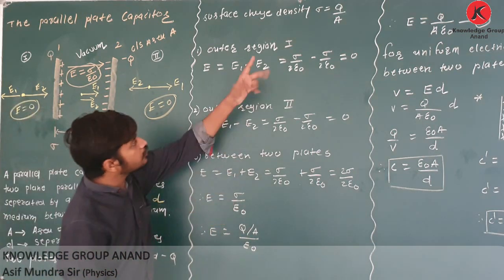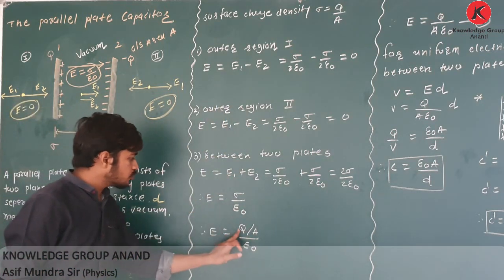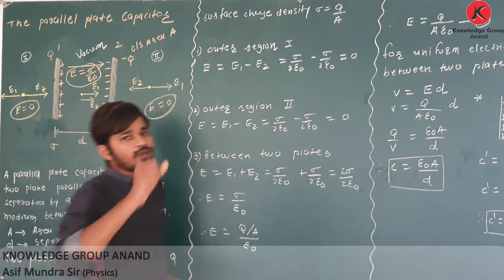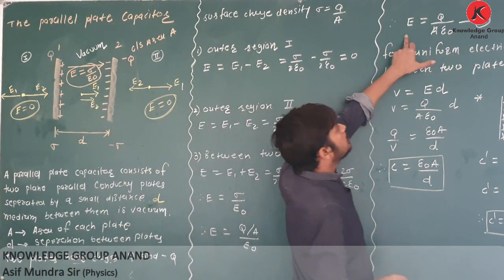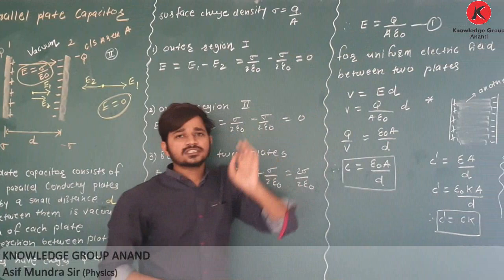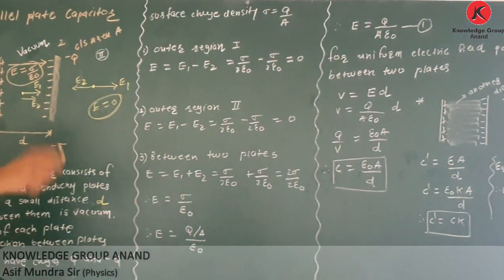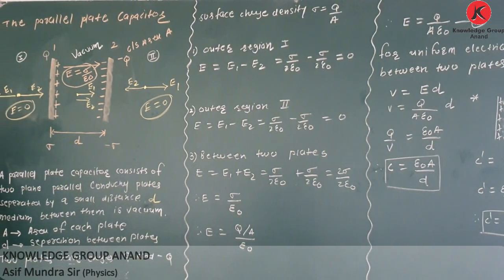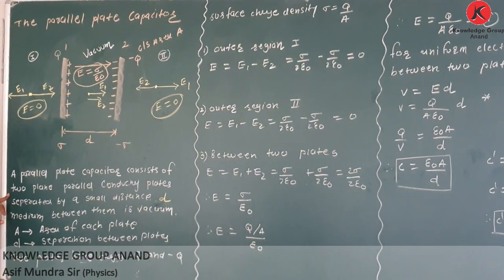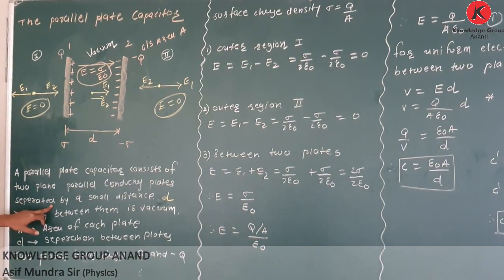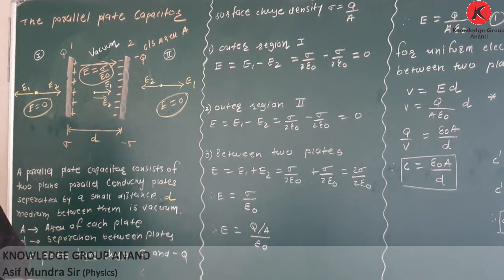Now E is equal to sigma upon epsilon 0. We know that sigma is equal to Q upon A, so what is the value of the electric field? E is equal to Q upon A epsilon 0. Now, see this statement: a parallel plate capacitor consists of two parallel conducting plates separated by a small distance d.